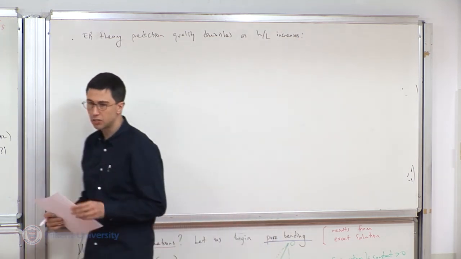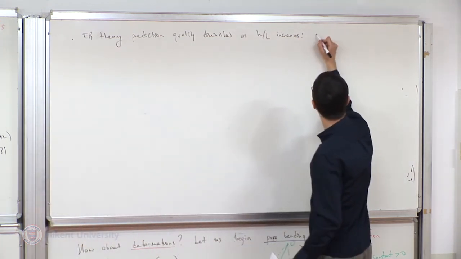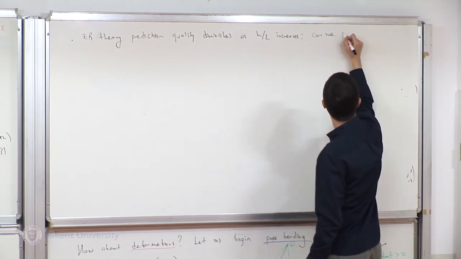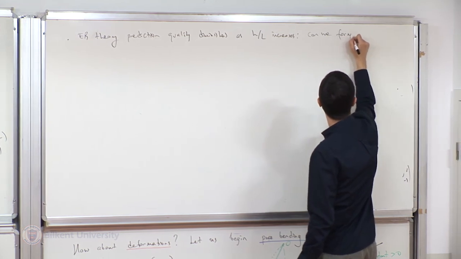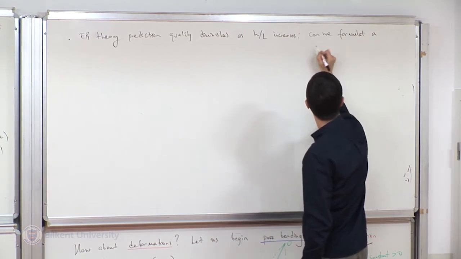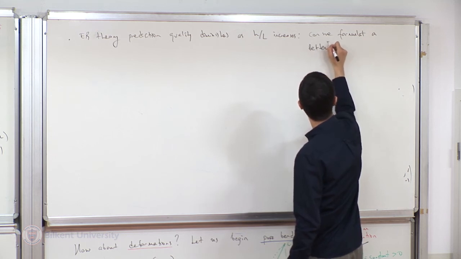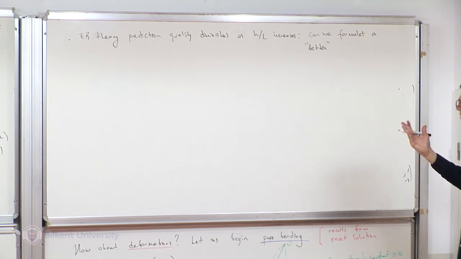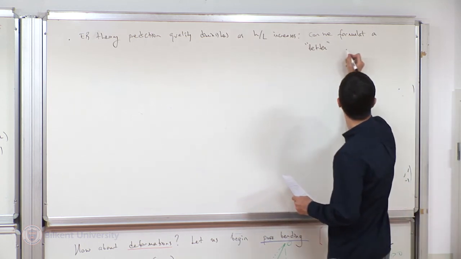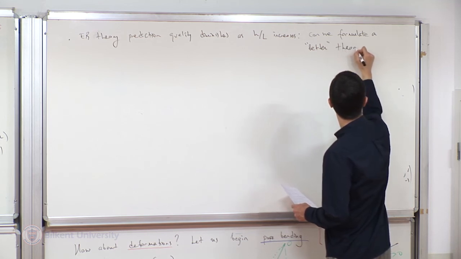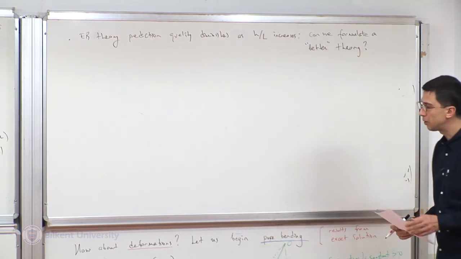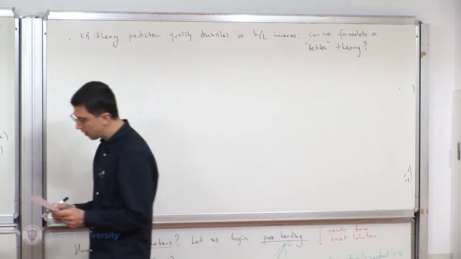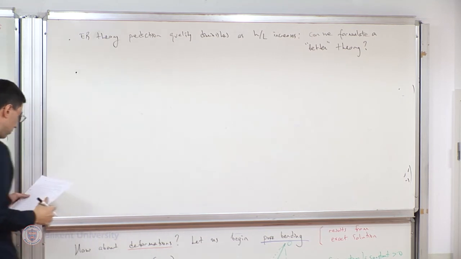So we ask ourselves whether we can formulate a better theory. Better is something that eventually we will judge, in which sense we will see. And eventually the answer is yes, of course we can. We want to do this, however, in as simple a way as possible.